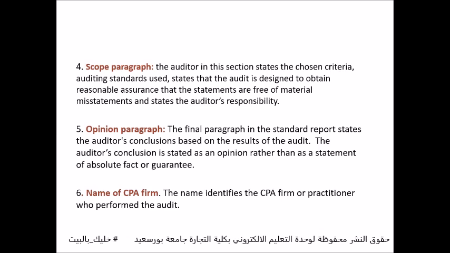Number 5. Opinion paragraph. The opinion paragraph is the final paragraph in the standard audit report, which states the auditor's conclusions based on the results of the audit. The auditor's conclusion is stated as an opinion, rather than as a statement of absolute fact or guarantee.